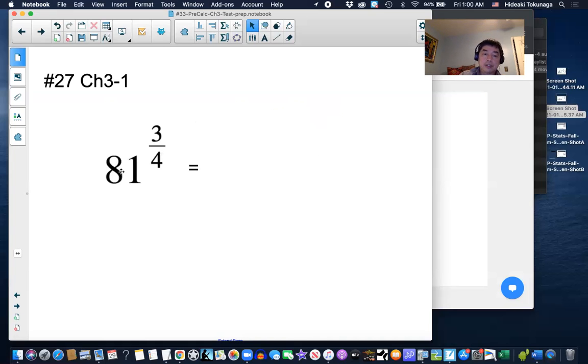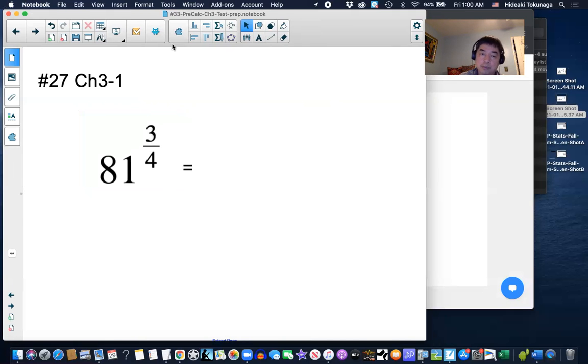All right. So I think it's similar to the beginning question. This is 81 to the 3 over 4th power. So you have to deal with 81 to the 1/4 power first.